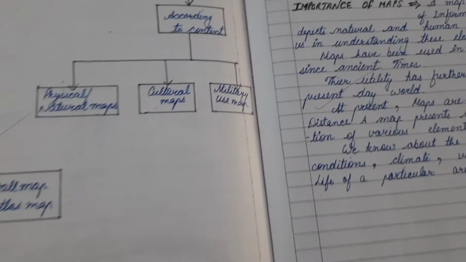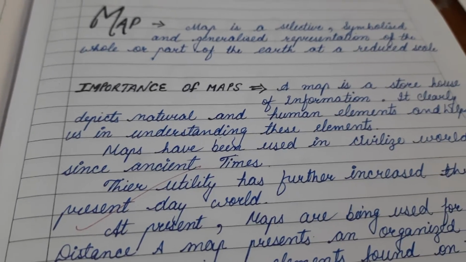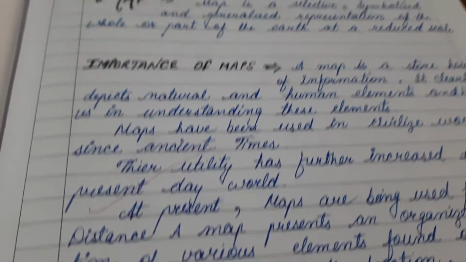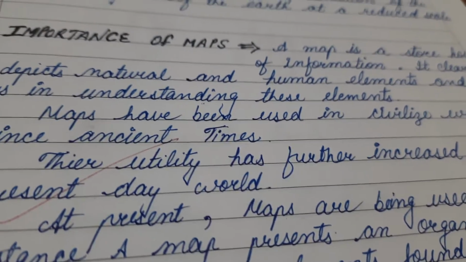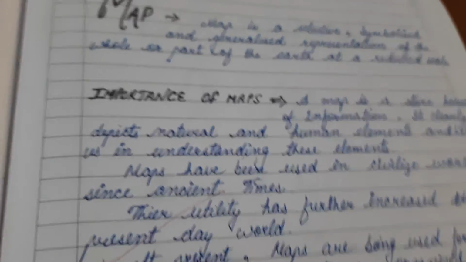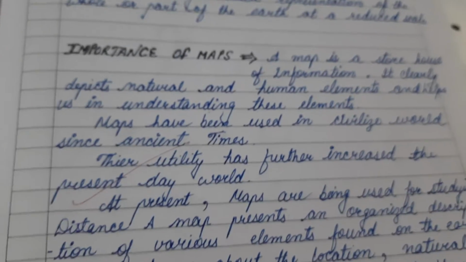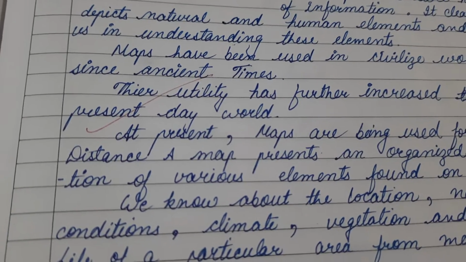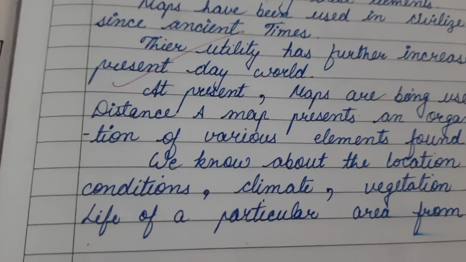And after that you have to write about the map, as map is a selective, symbolized and generalized representation of the whole or some part of the earth at a reduced scale. ठीक है, जैसे हम बहुत बड़ा मैप पेज पे हम पूरा इंडिया कंप्लीट कर देते हैं, like that. Then importance of the map, it is the storehouse of information. It clearly depicts natural and human elements and helps us in understanding these elements.